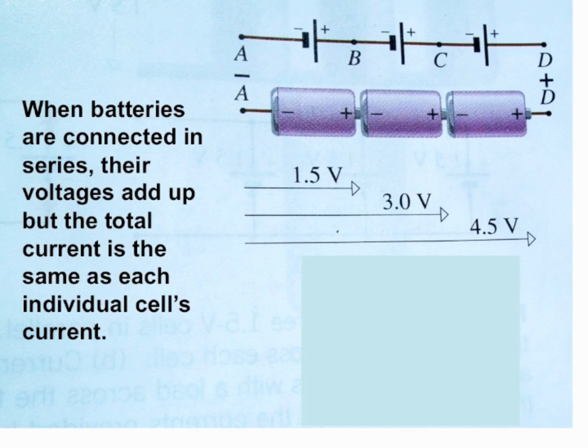And so you keep adding. Each battery adds its voltage to the whole, and so we have 4.5 volts since we have 3 units of 1.5. However, whatever current the batteries produce is going to be the same as the current that one single battery produces.